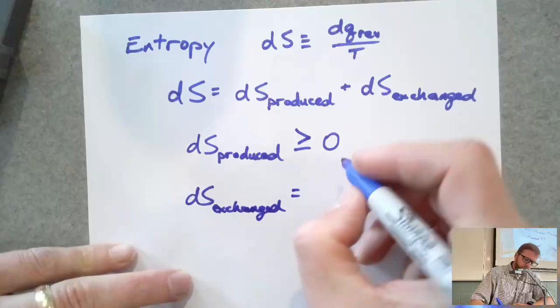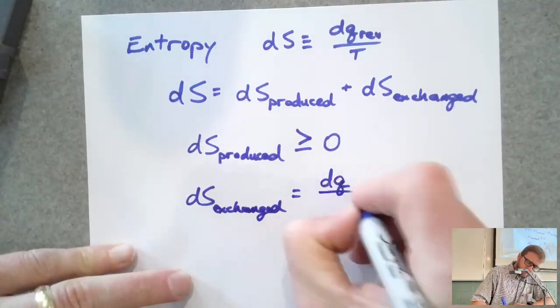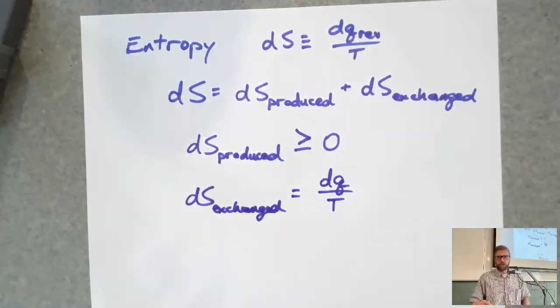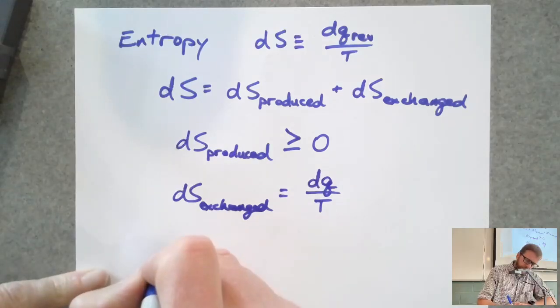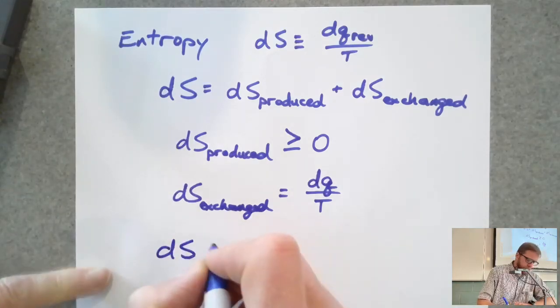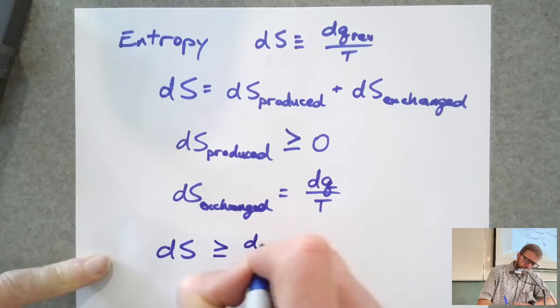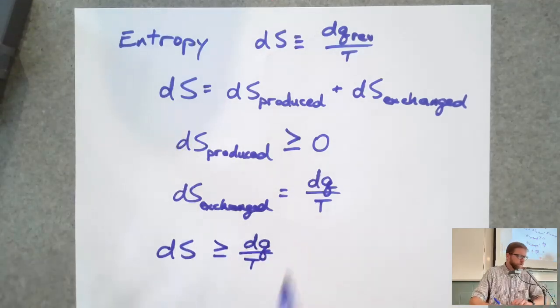And then ds exchanged is simply dq over T. So we're going to use the actual heat transferred for the exchanged entropy. So with this in mind, we can say that ds is greater than or equal to dq over T. Notice what's missing.